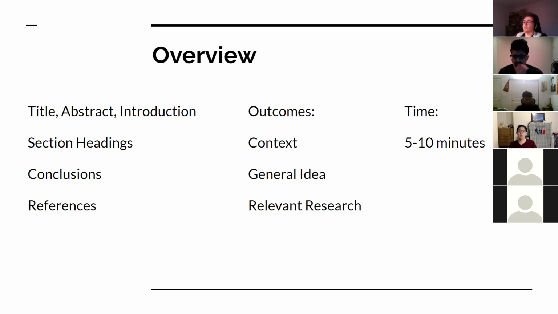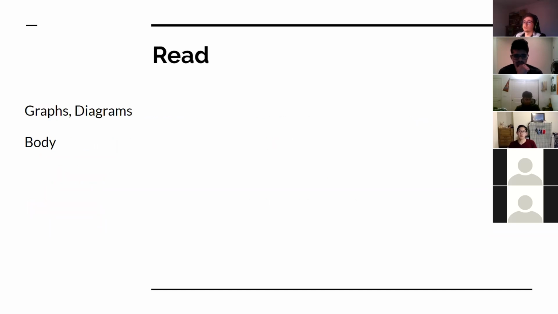The next part is where you would do most of the reading. For today, you will look at the graphs, diagrams, and go over all the text in the body of the paper. The outcome is that you should be able to somewhat summarize the general idea and the points the authors are trying to make.